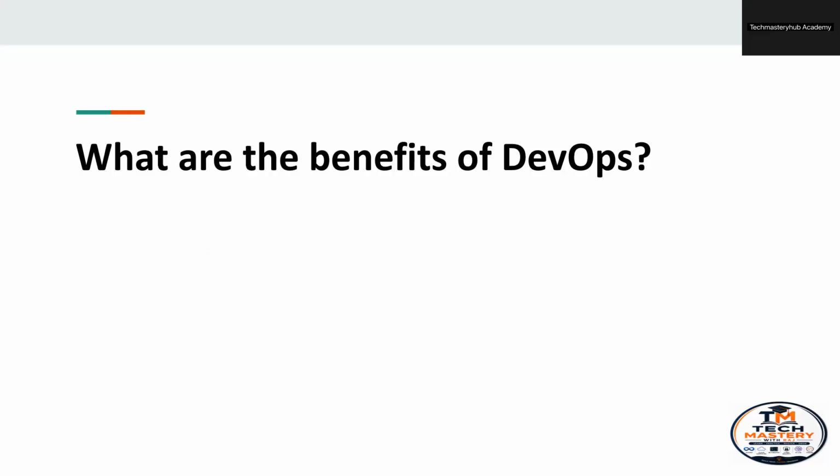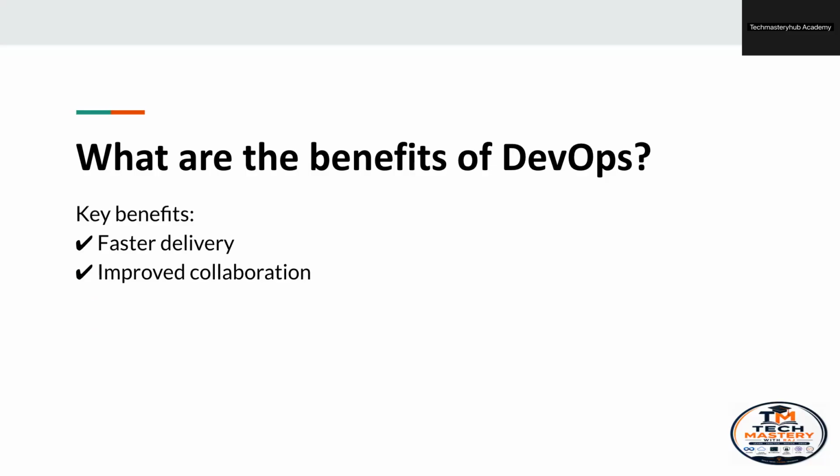Okay. Next question. What are the benefits of DevOps? First benefit is faster delivery because it is automated. Every stage is automated using the tools. Improved collaboration because all teams are working together as a single team, so there is proper communication.